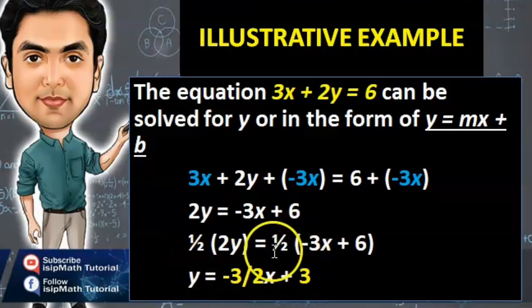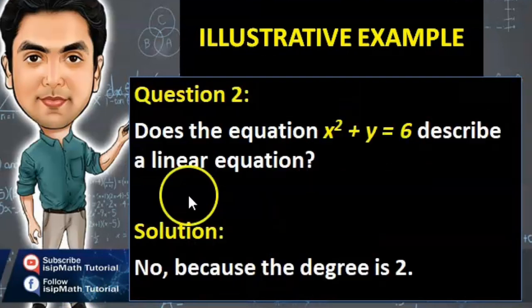Sa kabila naman, magiging negative 3/2 x plus 3. Okay, saan galing si 3? 6 divided by 2. So, the result is positive 3. Okay, so ito na po yun, y equals mx plus b. So, ang ating slope is negative 3/2. And our y-intercept is positive 3.